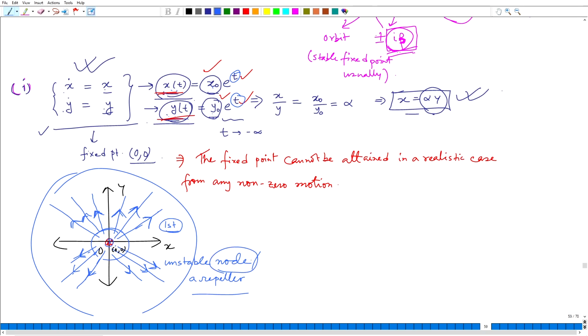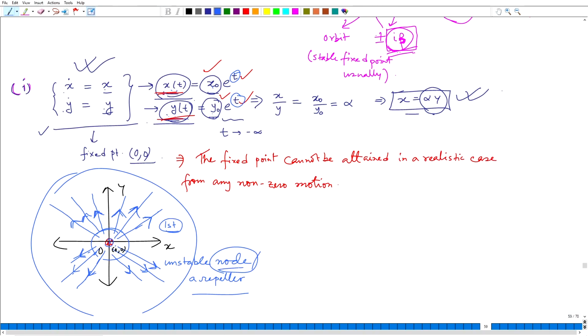A node is a special type of fixed point, for which if you make a little bit of perturbation with respect to the fixed point, very close to the fixed point of course, then the matrix which is formed will always have two eigenvalues which are of the same sign.